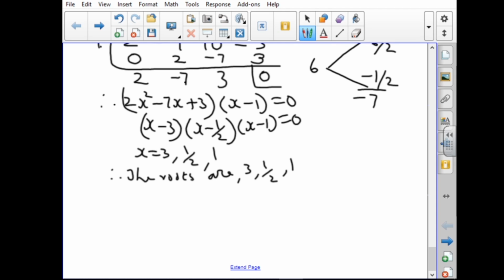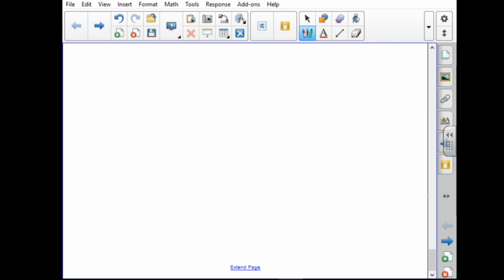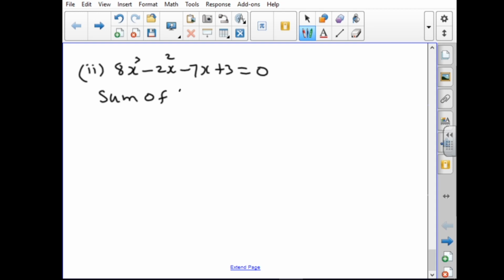So, similarly, we can do the second subdivision also. So, what is the second subdivision? 8x cube minus 2x square minus 7x plus 3 is equal to 0. So, here what about the sum of the coefficients of even powers?